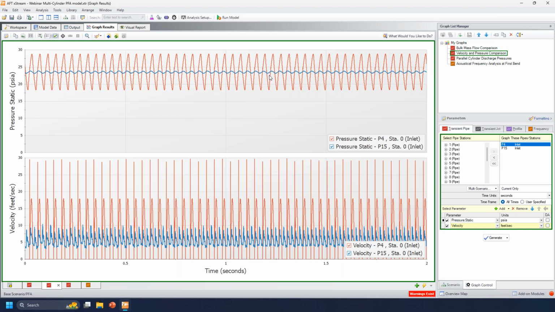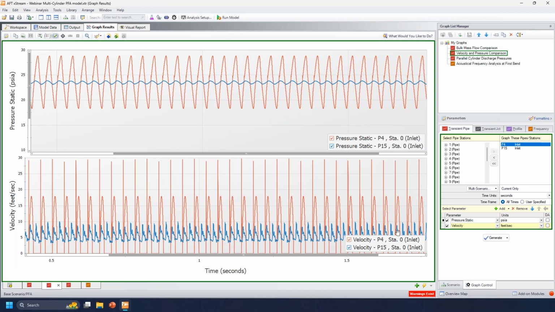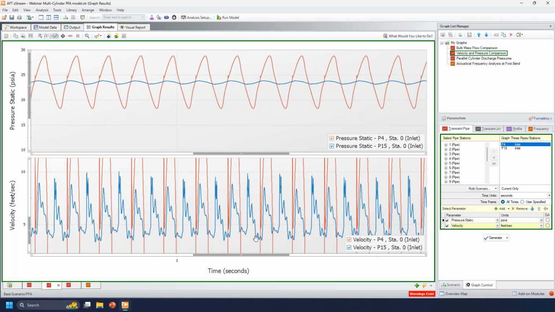And then looking at the velocity and pressure, you can see from the sinusoids here that we do have the same base pulsation frequency.